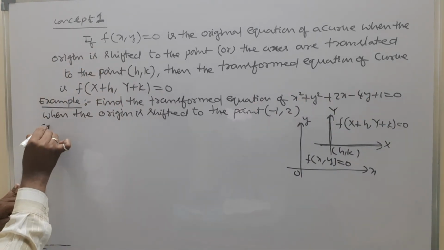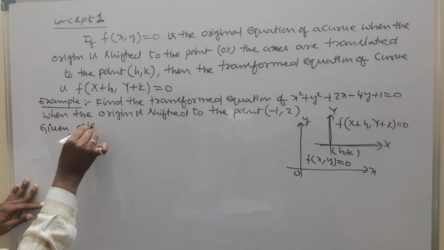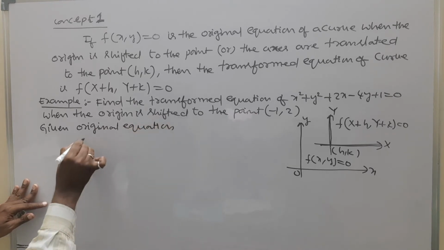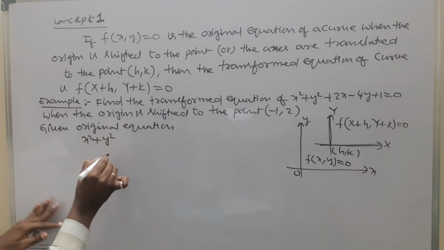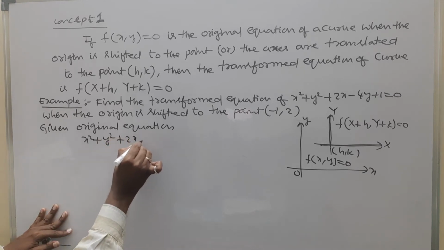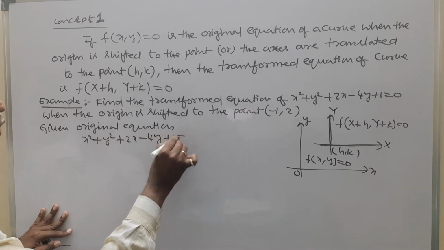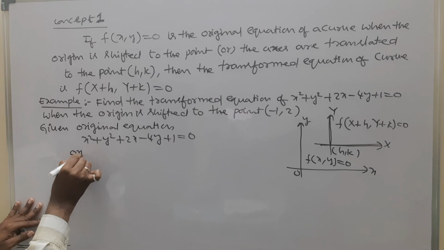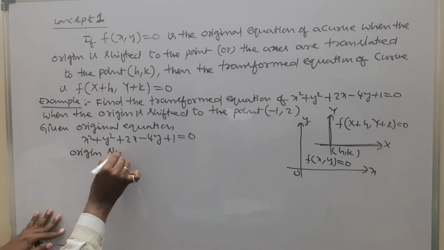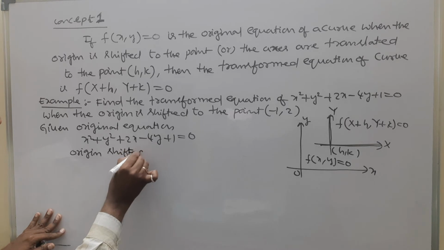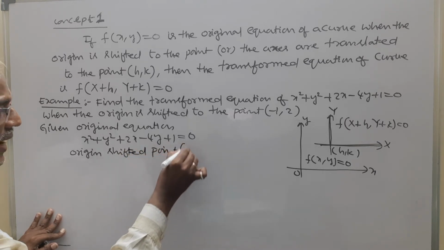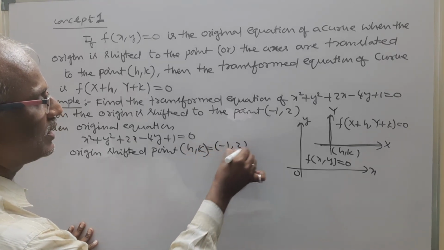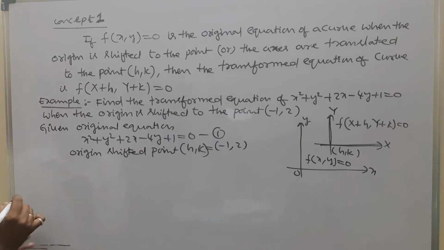Given the original equation x² + y² + 2x - 4y + 1 = 0. The origin shifted point (h, k) is given as (-1, 2). This is equation 1.